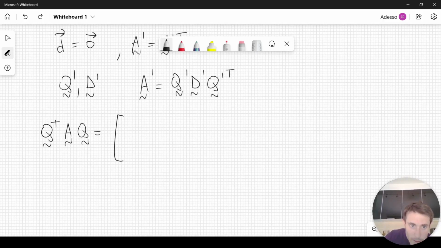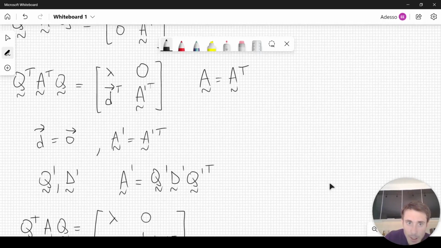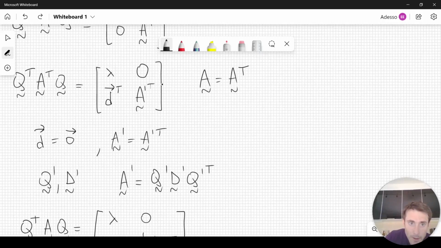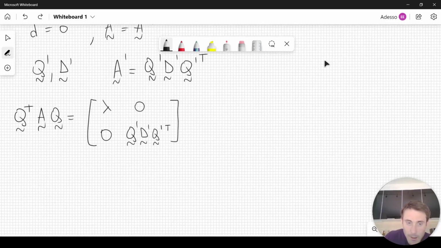We can rewrite like this. So lambda, 0, 0. And here, instead of A prime, we put Q prime, D prime, Q prime transpose. Like this. We have to take the transpose here. But remember that A prime transpose is equal to A prime. So A prime is symmetric.